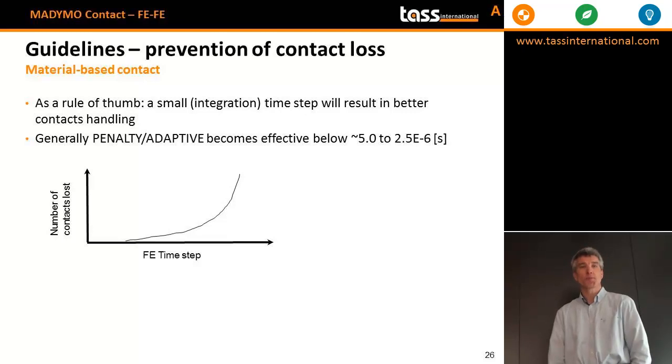As a rule of thumb, the penalty and adaptive contacts become effective below 5 to 2.5 microseconds. But that highly depends on the load case. For that reason, sometimes characteristic-based contacts are chosen, because those allow larger time steps, and for that faster simulation times.